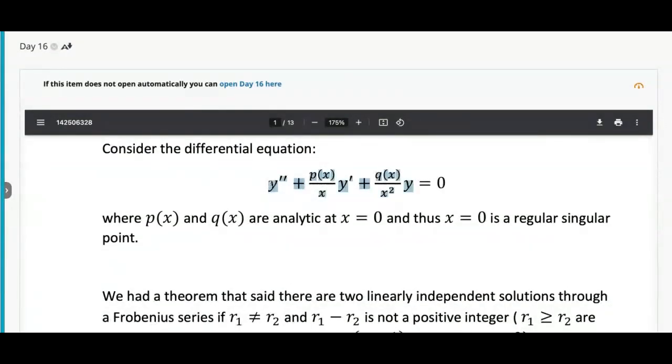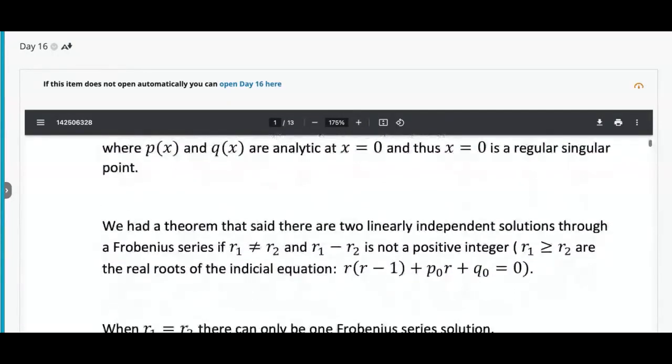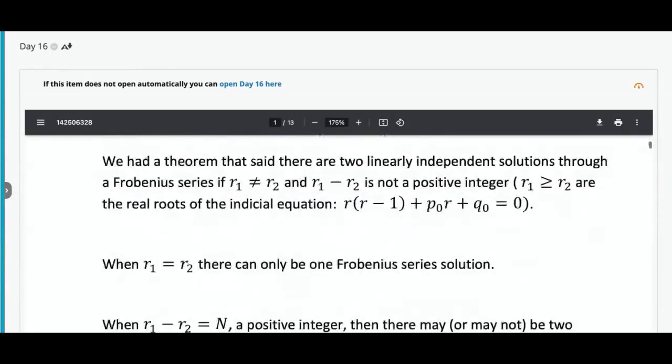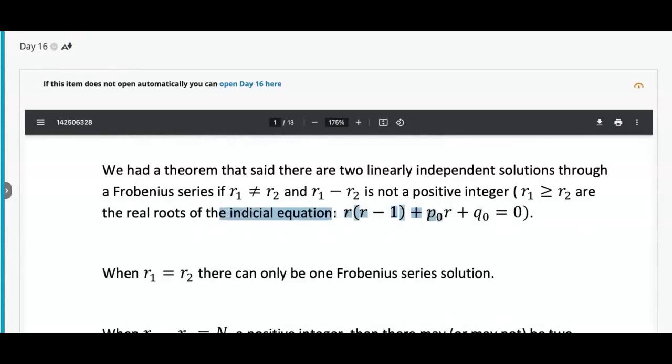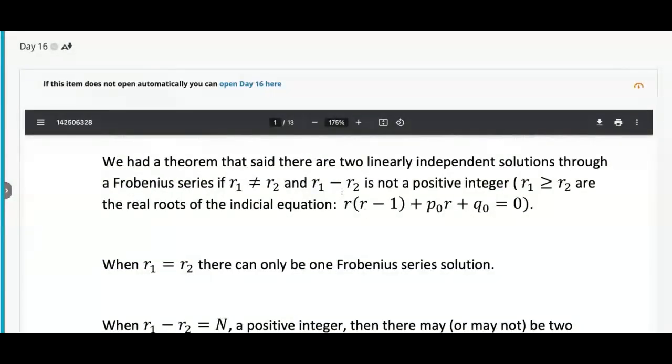So we have a differential equation like this, right? This is still our capital P. This is still our capital Q. Remember this indicial equation. We have done that, though we didn't see any presentation over this.